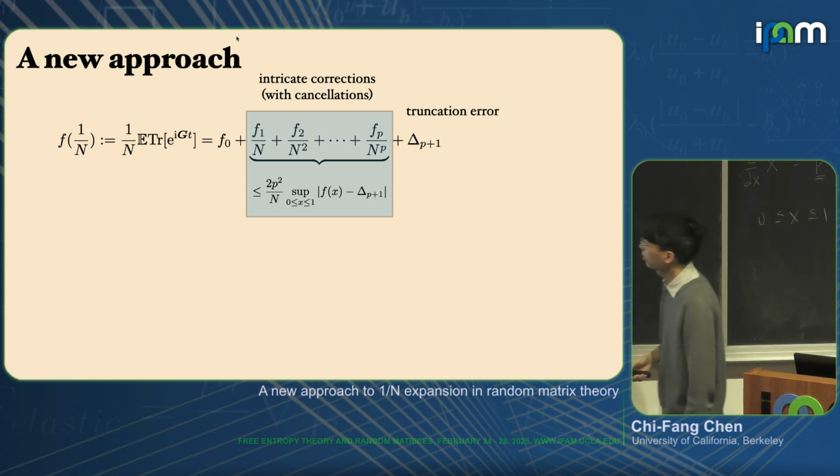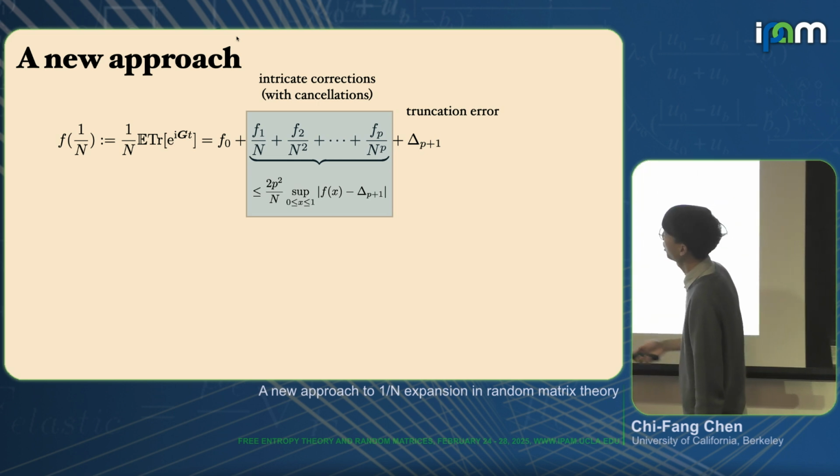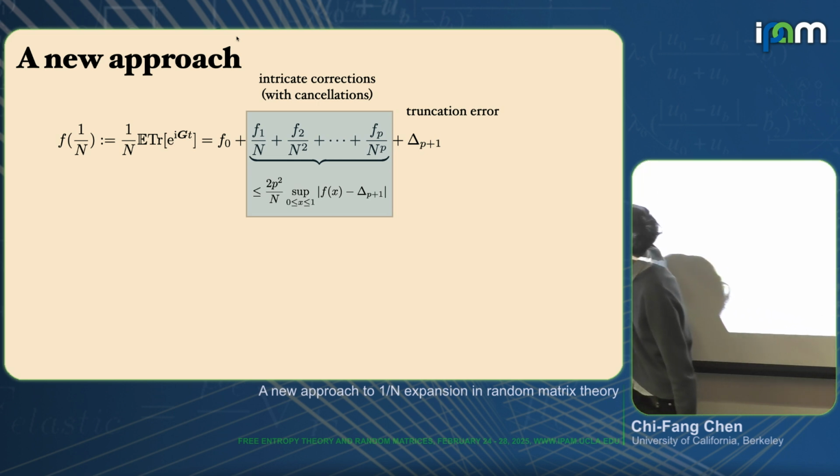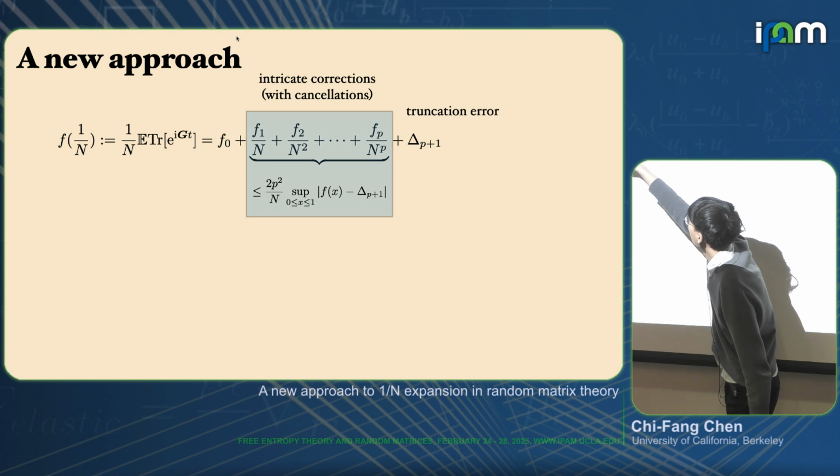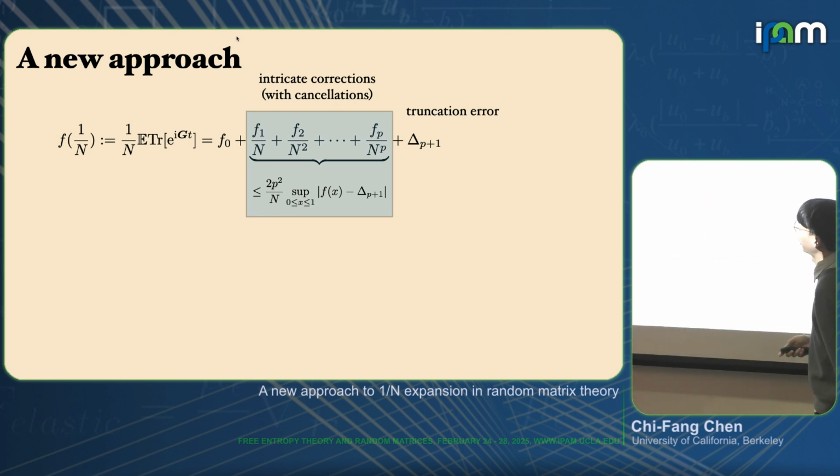So this gives you a bound on how close this finite n expression is to the asymptotic value.